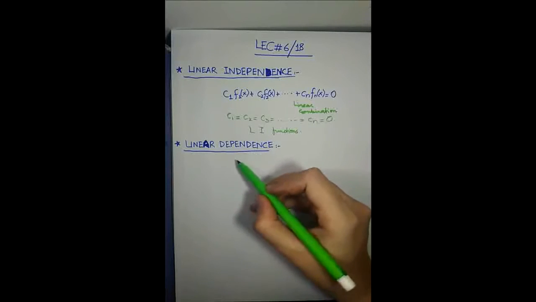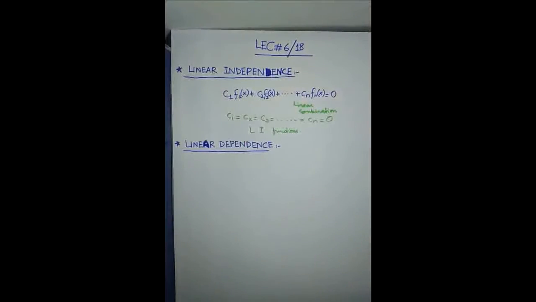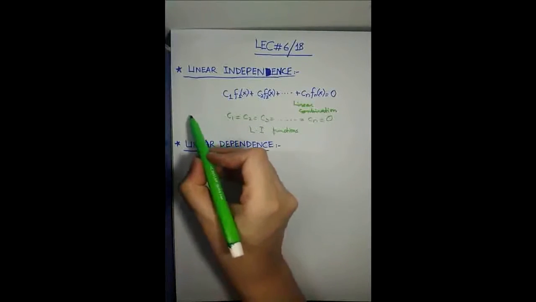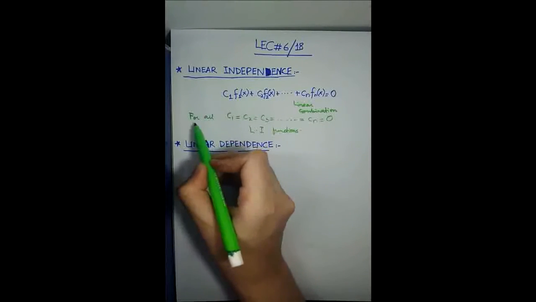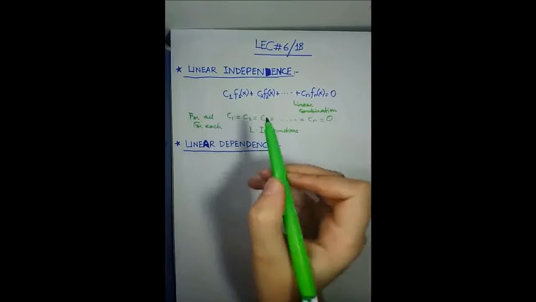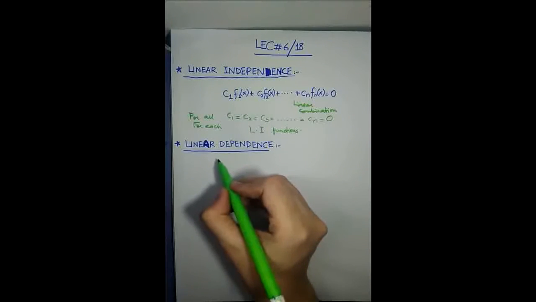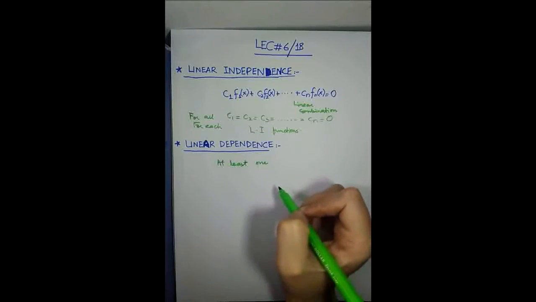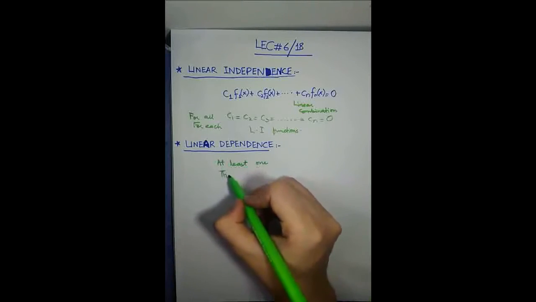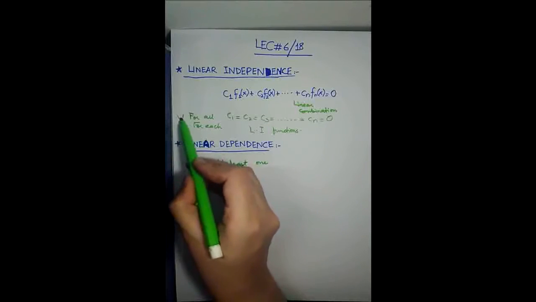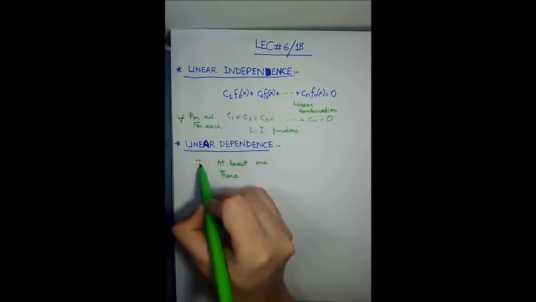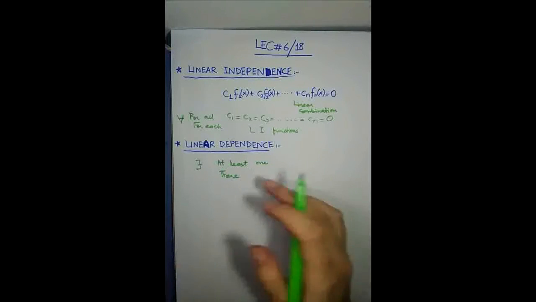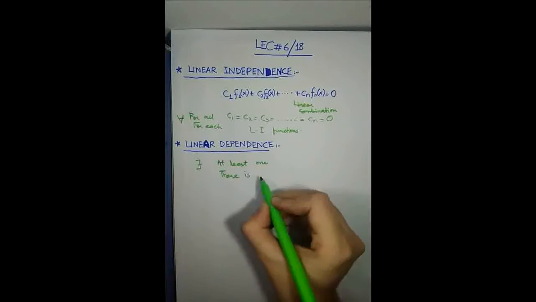The mathematical notation for this is: for all, meaning each and every C, and here there exists at least one, meaning there is any. So we can write the symbol for all, and here the symbol for there exists.